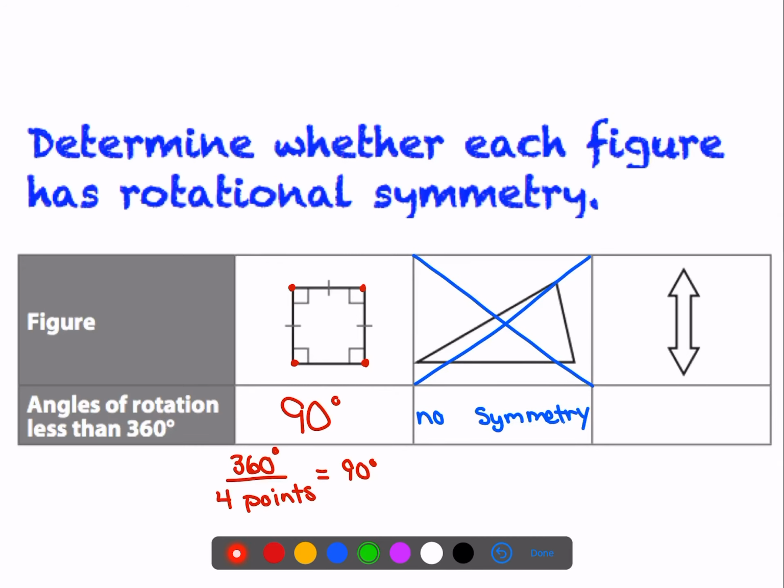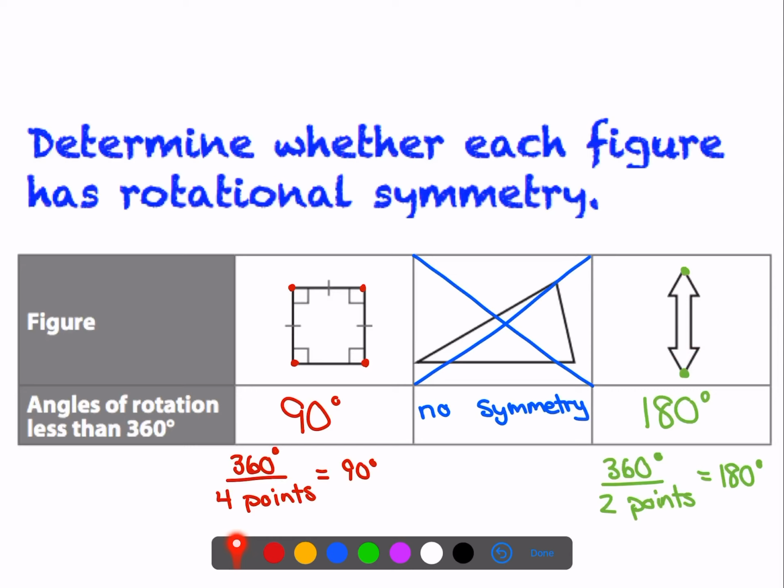Then lastly, we have this arrow here, this arrow on both sides. This is the same as like an equivalent sign in mathematics, except it's rotated 90 degrees, so it's pointing up and down. Now, looking at this, I have 2 points. I know that there's 360 degrees in the full circle, so I can do 360 divided by 2, which will give me 180 degrees.